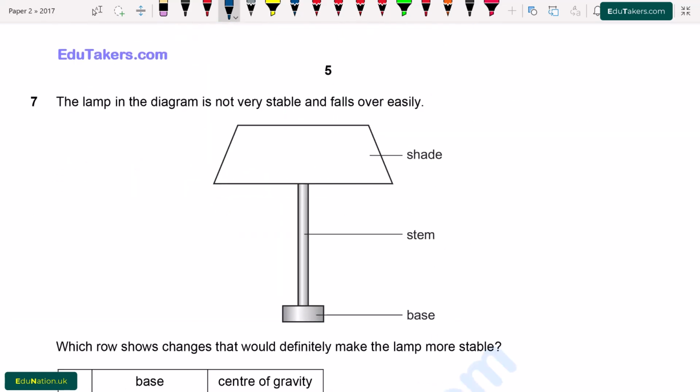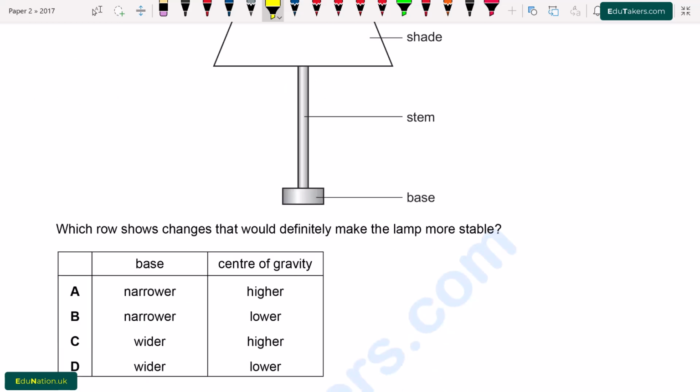Question number 7. The lamp in the diagram is not very stable and falls over easily. Which row shows changes that would definitely make the lamp more stable? So first of all, in this diagram we can see that there is a lamp. There is the base of this lamp, stem and shade.